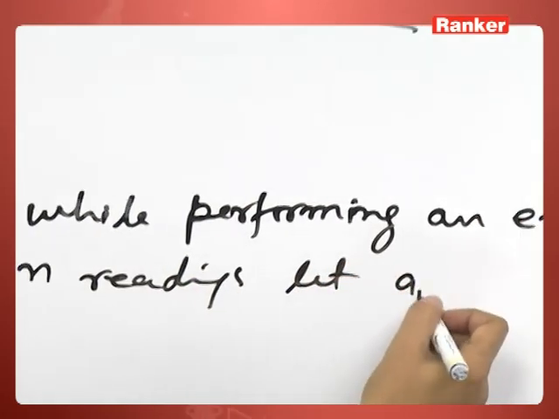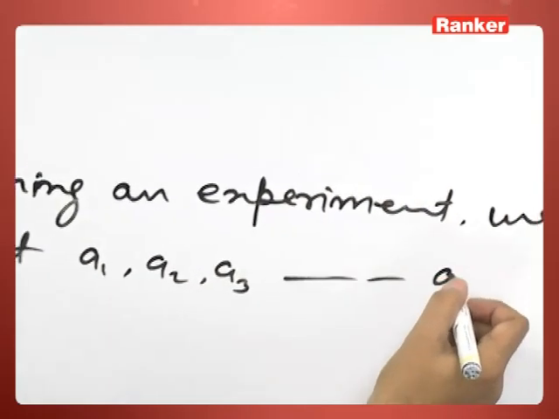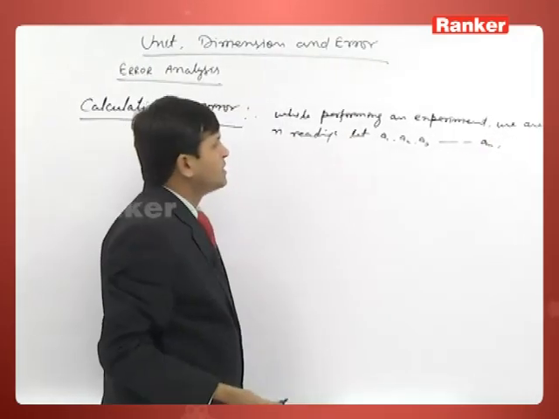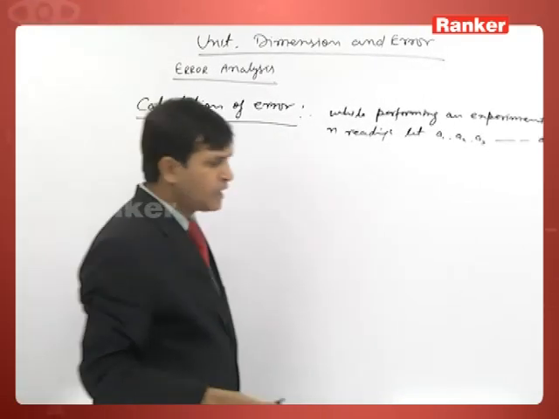Let them be A1, A2, A3 and so on up to An. So the arithmetic mean of these readings can be said to be the actual value.